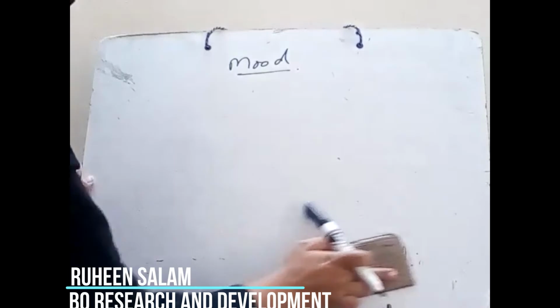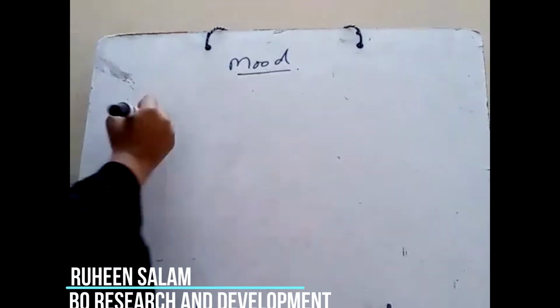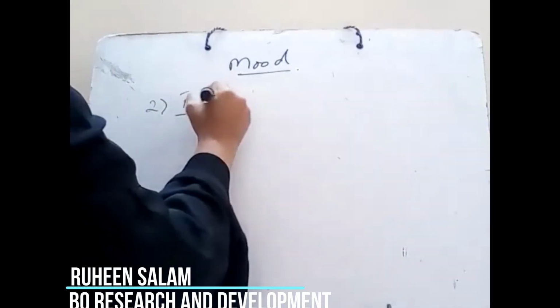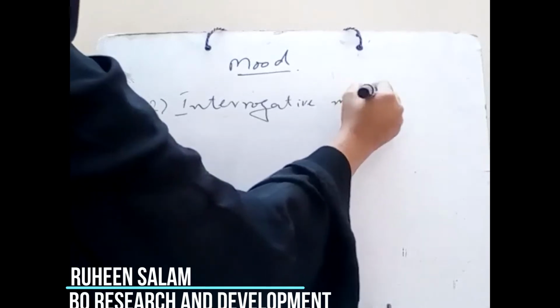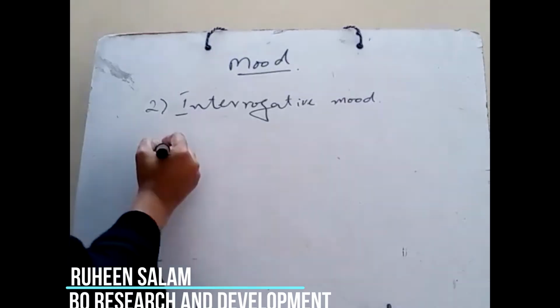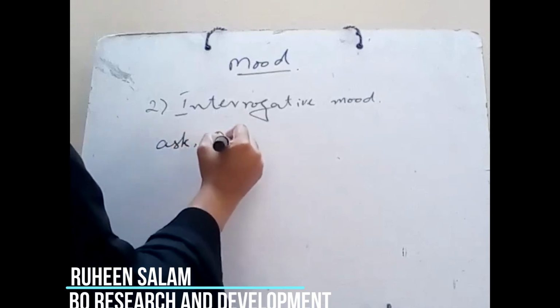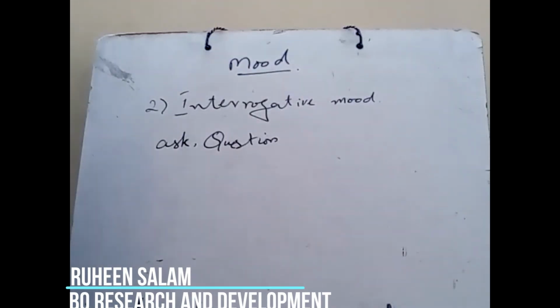Now we are proceeding towards our second mood, or mannerism, and that one is the interrogative mood. As is obvious from the word interrogation, the mood of the sentence is to ask something, about questioning, that you are putting a question, either asking something or inquiring something.